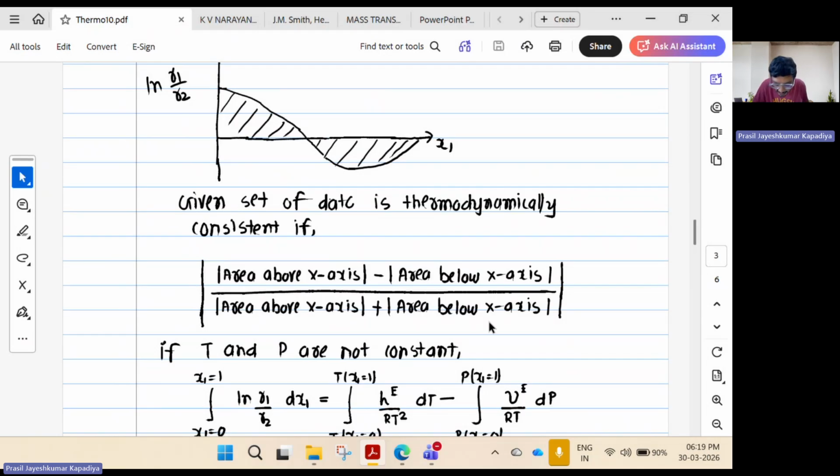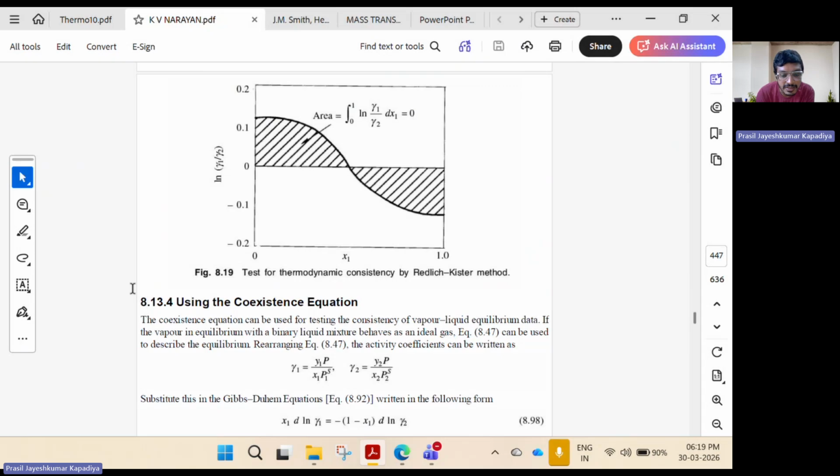So if that is less than or equal to 0.02, then we can say that our data is thermodynamically consistent based on this ln(gamma1/gamma2) versus x1 plot. So we need to find both the area above and the area below the x-axis. If the difference divided by the total area is less than 0.02, then I can say that my data is thermodynamically consistent.